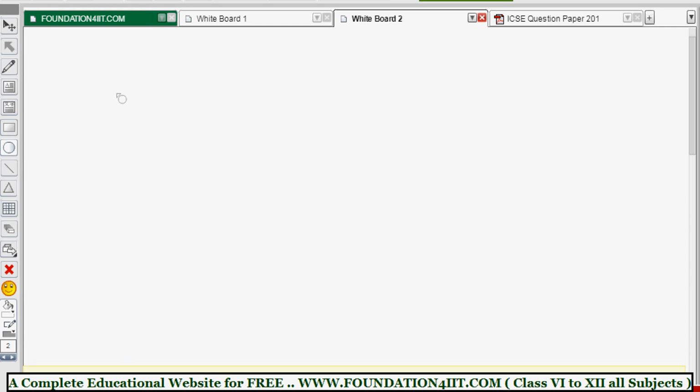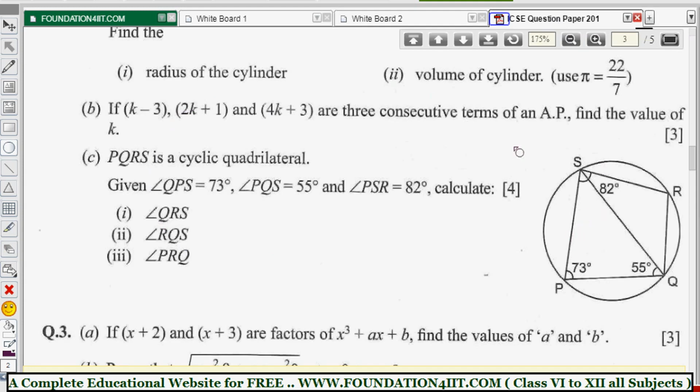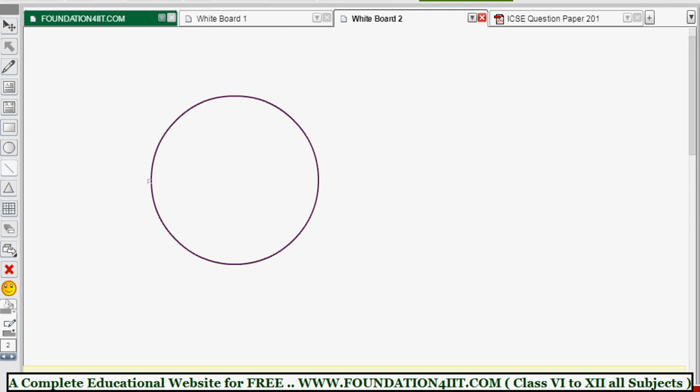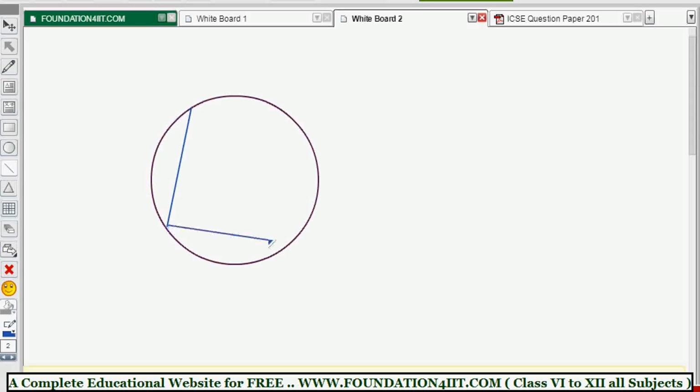Take the circle. Now the cyclic quadrilateral inside, PQRS. So this is the diagram which is given.